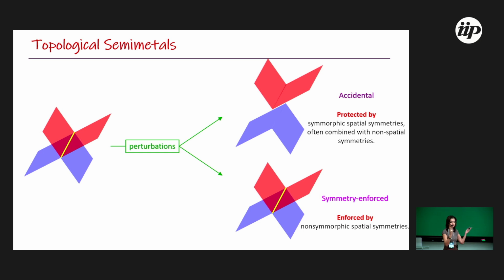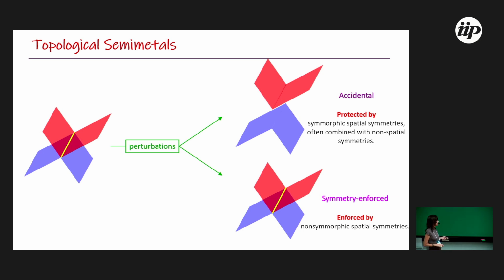This is a general result of energy level repulsion. We know that. So these accidental ones are not very useful for applications, for example, because they're very fragile, these band degeneracies, and they are normally associated to spatial symmetries, more often combined with non-spatial symmetries like chiral, particle-hole, time reversal.